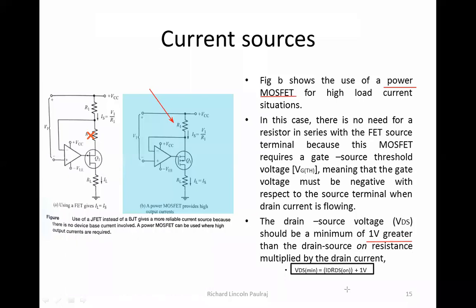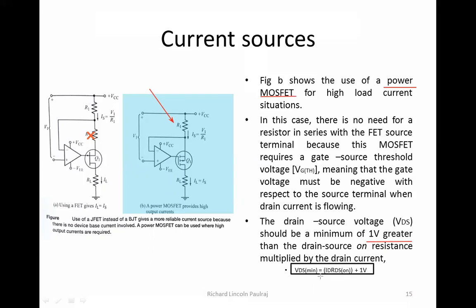In short, ID is the drain current and RDS is the drain to source resistance in the on state. Whatever value this I into R combination takes, which is a voltage, plus 1 volt, that should not be greater than this value.